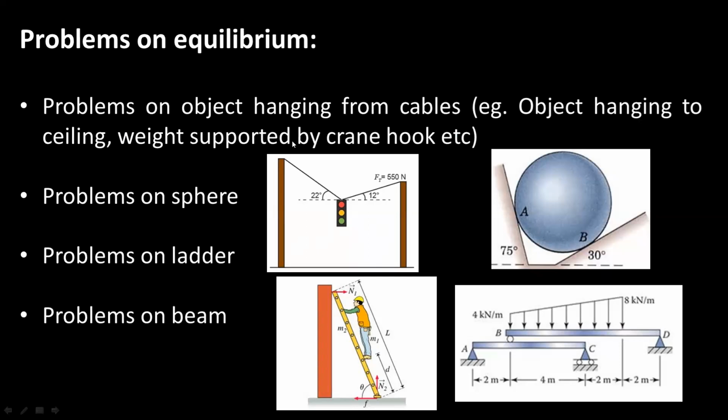This is again an object hanging. Second type is problems on spheres, where a sphere is in equilibrium with the help of the support given by the wall. Then we have problems on ladders, the third image, and then problems on beams.